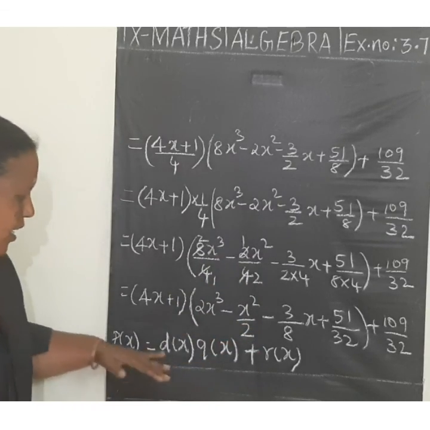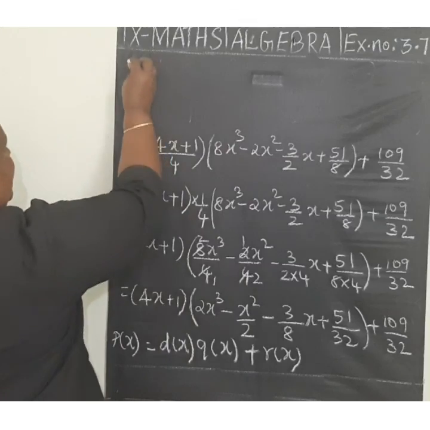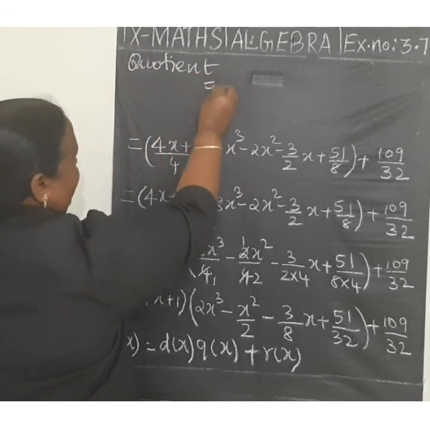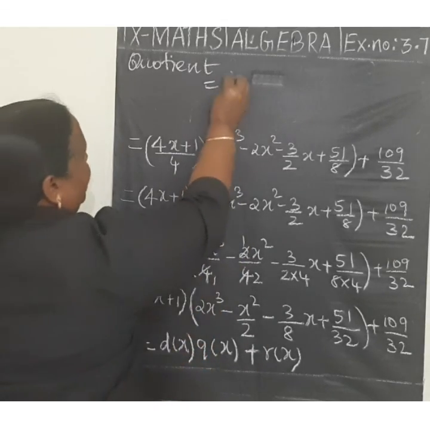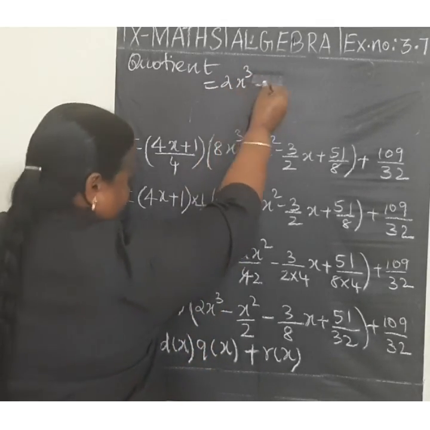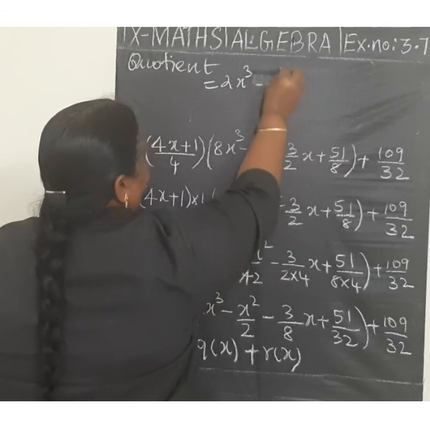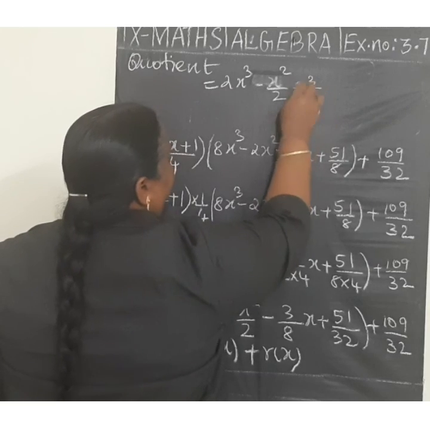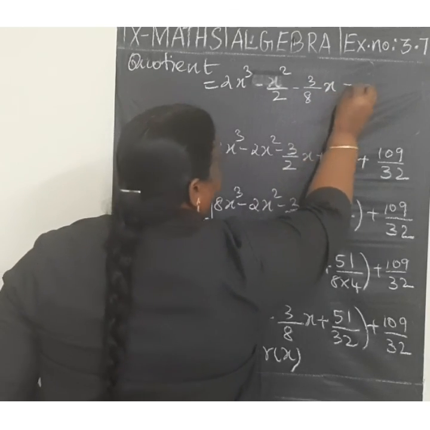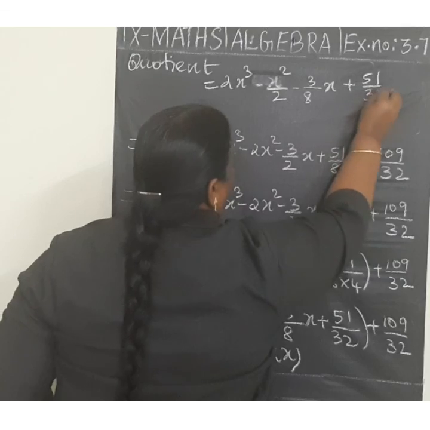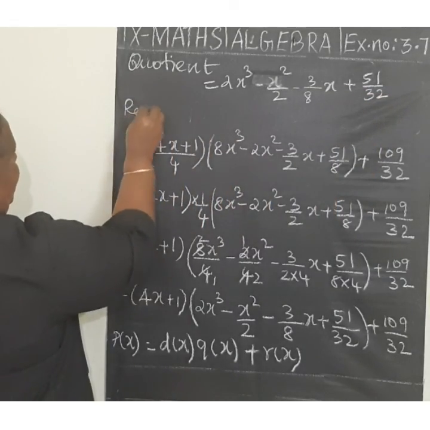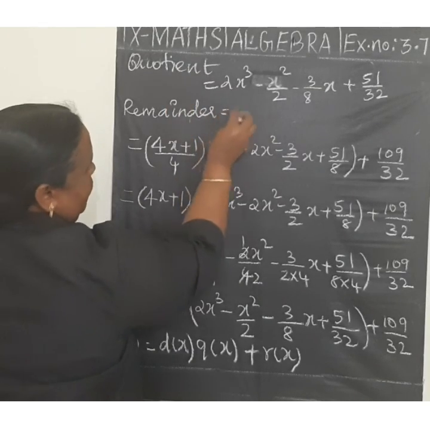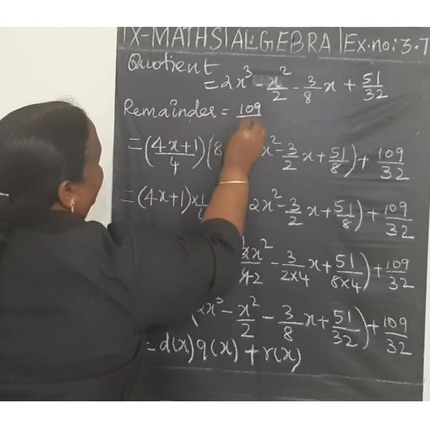So from this we can say what our quotient is: 2x cube minus x squared by 2 minus 3 by 8x plus 51 by 32. Then our remainder is equal to 109 by 32.